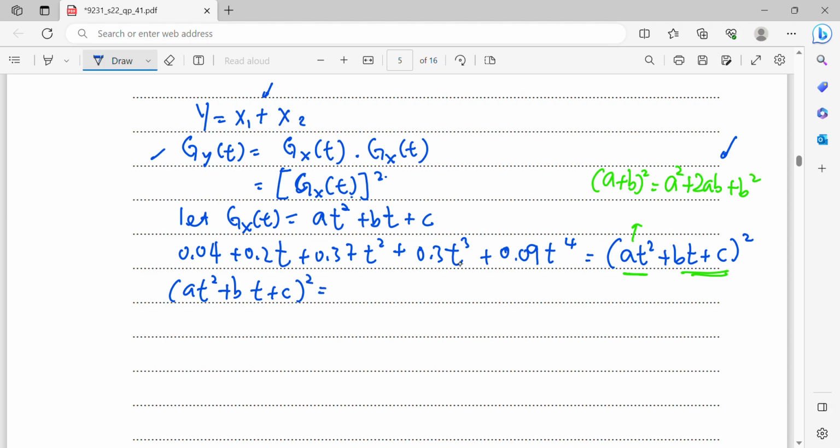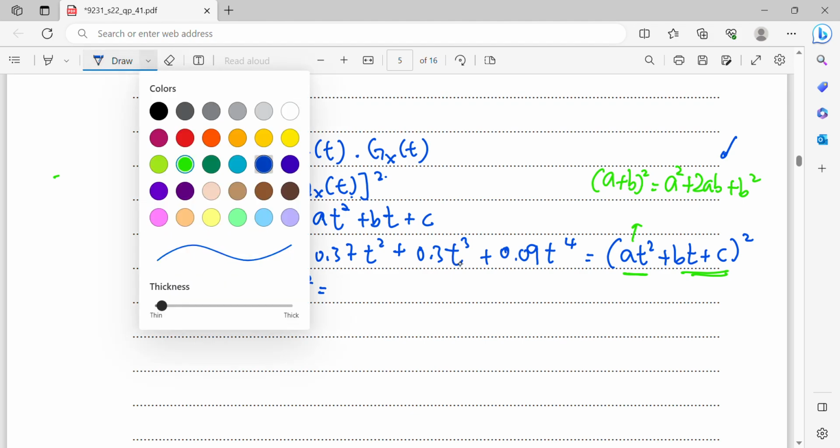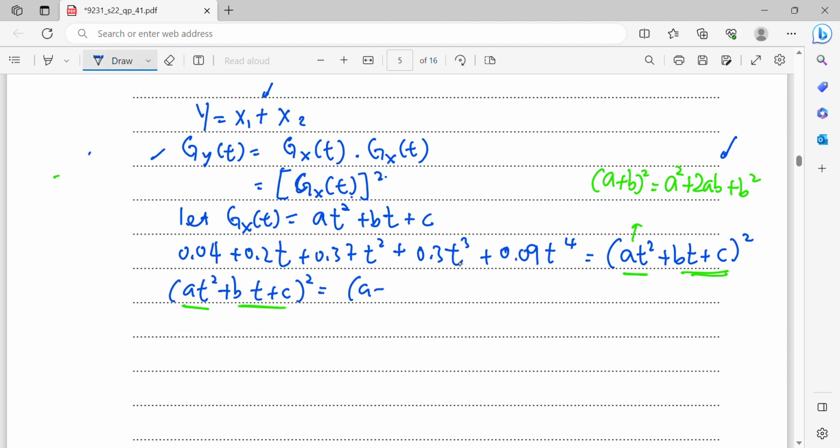Then it will be, right? So let this be the first term, bt plus c as the second term. So it will be the square of at squared, which is our a squared over here, plus 2 of first term times the second term. Then plus the second term squared.